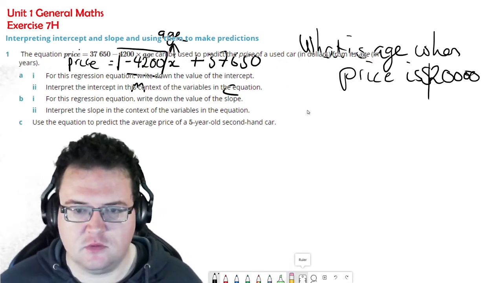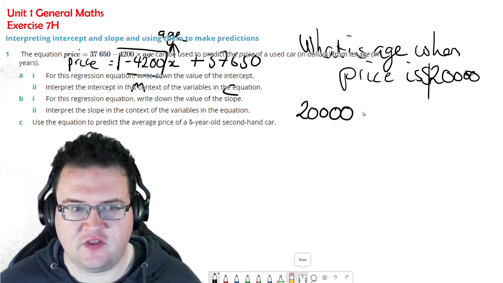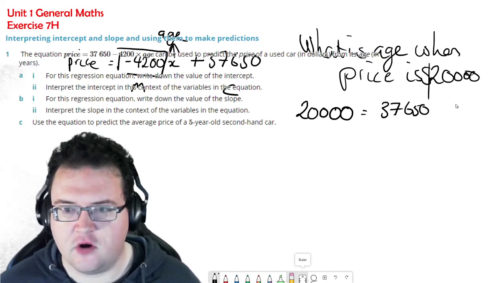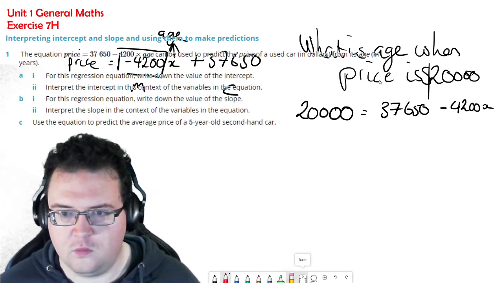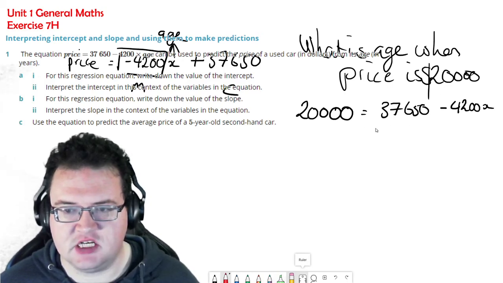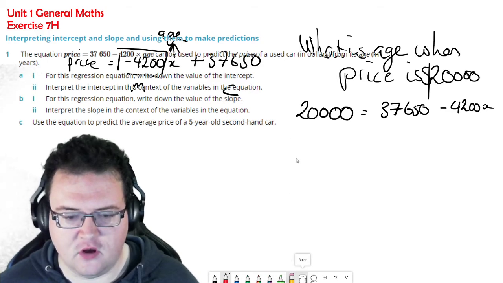So in that case, we do 20,000 equals 37650 minus 4200x. We have to subtract 37650 from both sides.